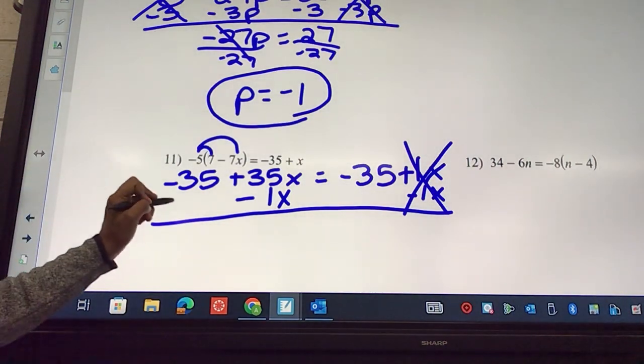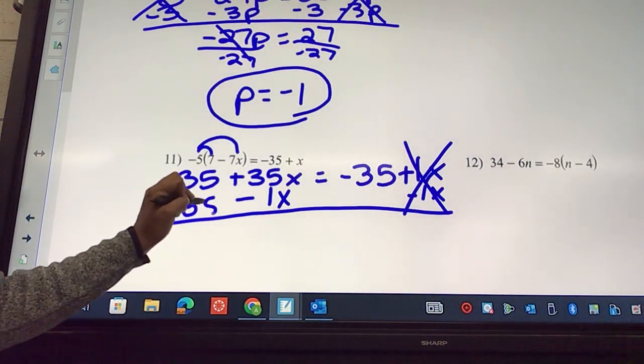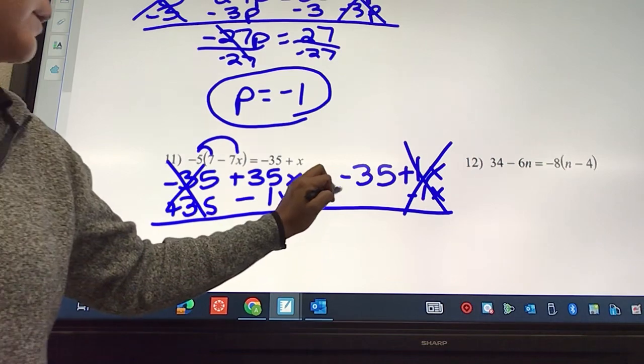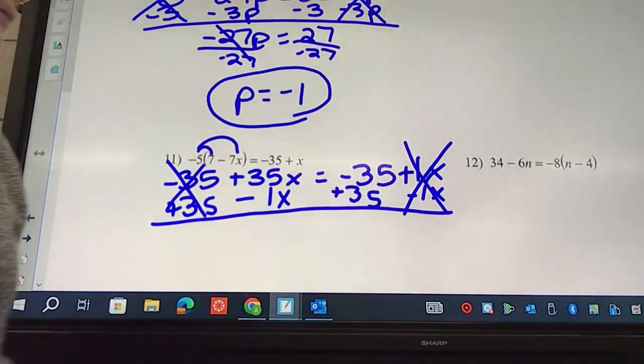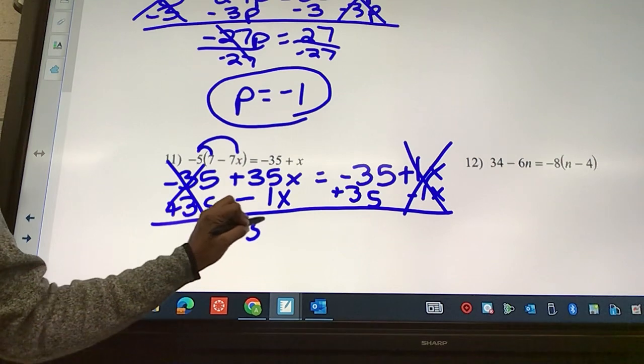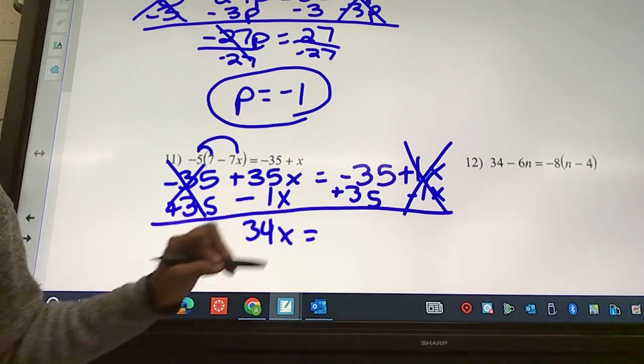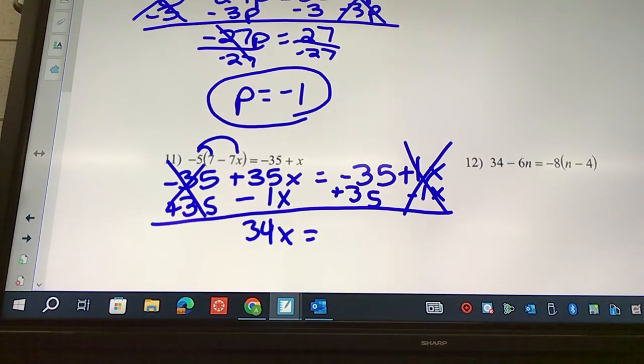The first one. Okay, because our numbers go to the right. Positive 35 minus 1. What is that? I think it was 34. Then it's definitely 34. Negative 35 plus 35. It is 0.